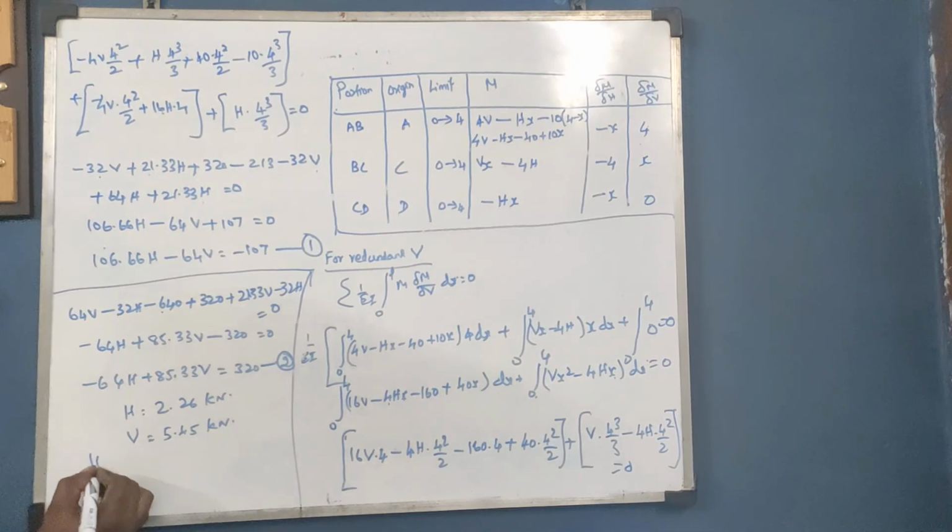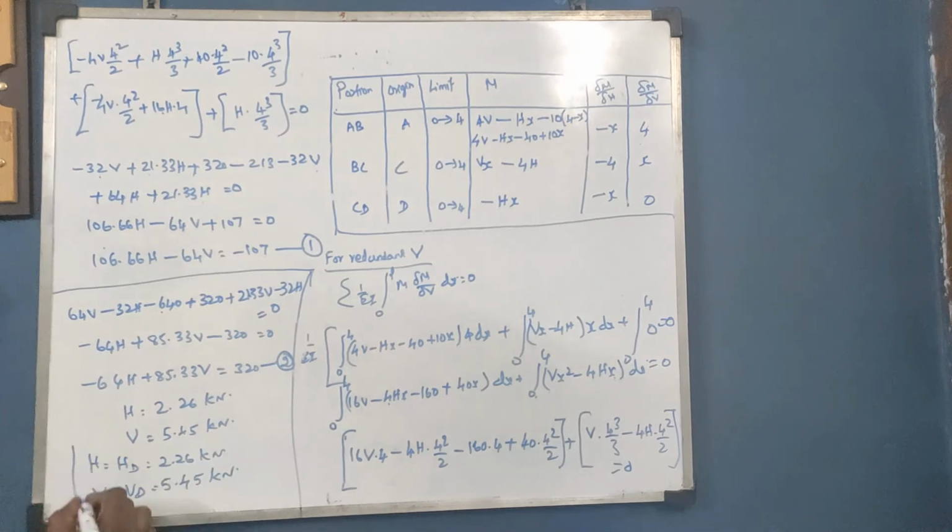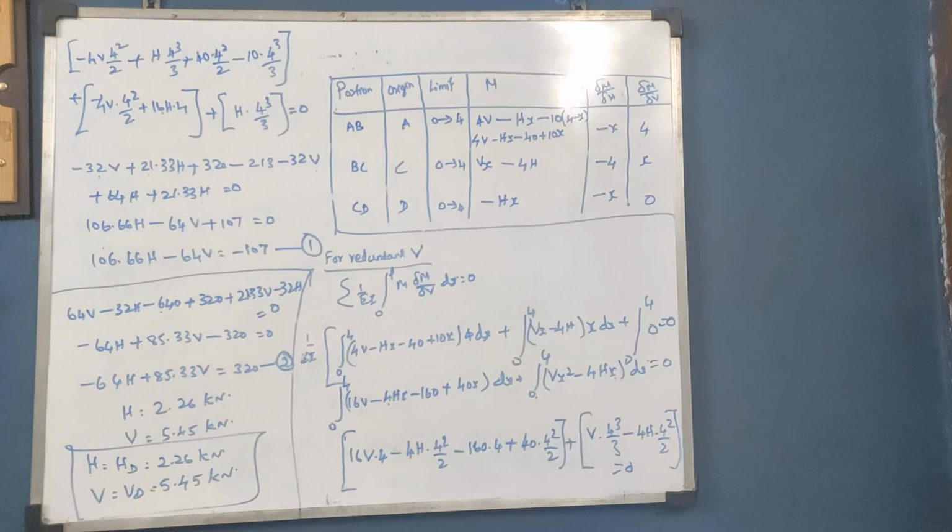Therefore, H equal to D equal to 2.26 kilometer. V equal to VD equal to 5.45. So, by using these two unknowns, we can calculate HA, VA and EMA. Right? Thank you.